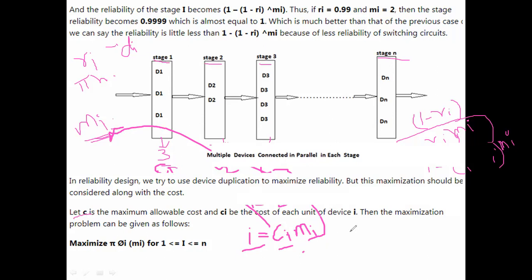So the summation for i equal to 1 to n of Ci Mi should be less than or equal to the overall cost C. That is the overall cost.